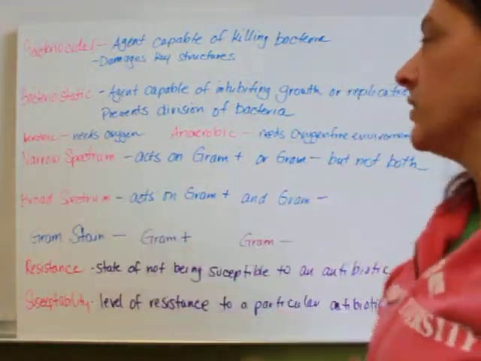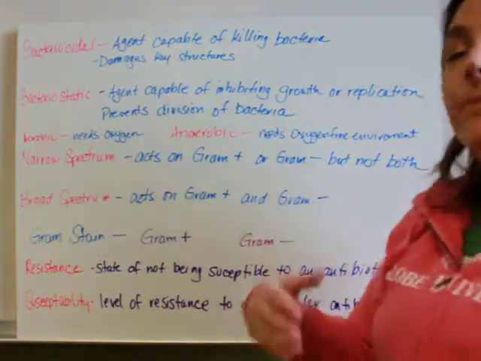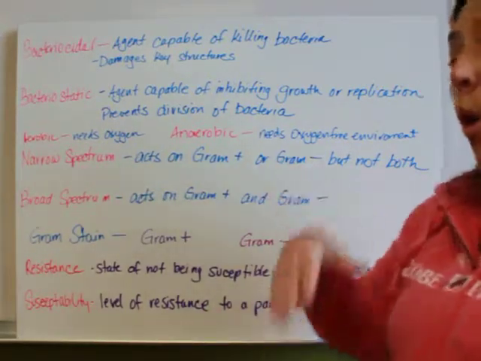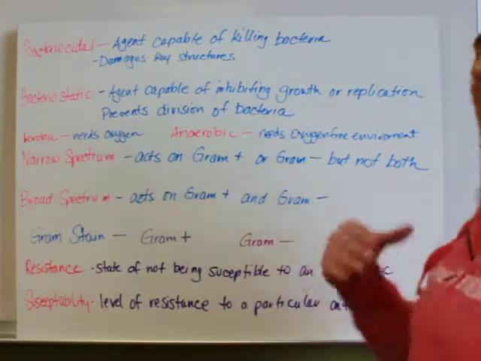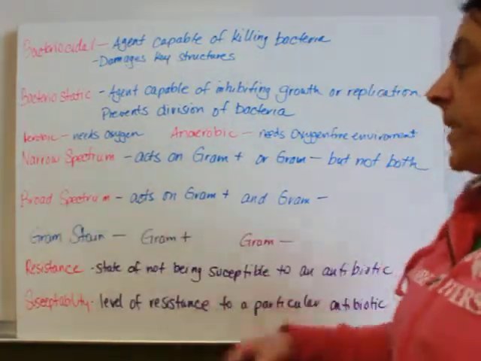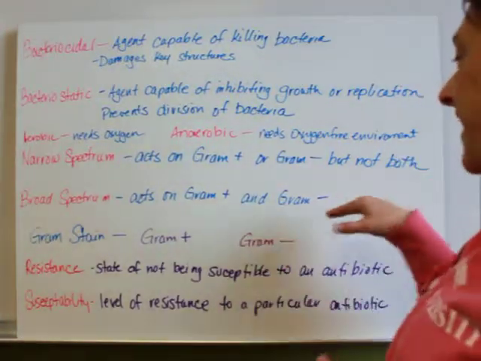There's narrow spectrum, and basically a narrow spectrum means that the antibacterial will work on gram-positive or gram-negative, but it doesn't work on both. Okay? Broad spectrum is when an antibiotic works on gram-positive and gram-negative.